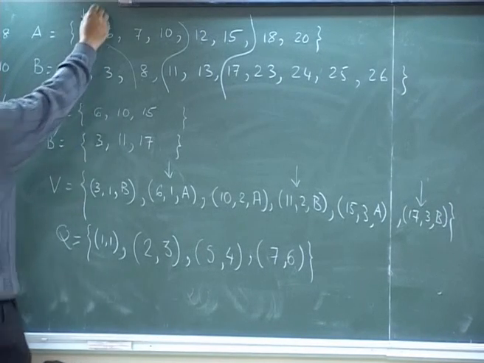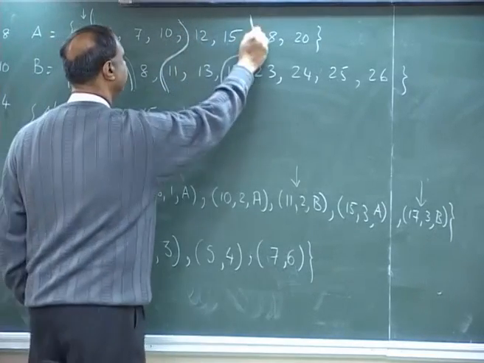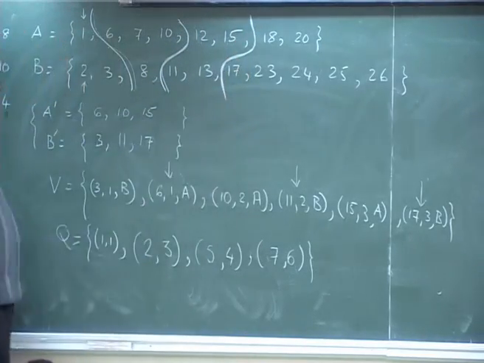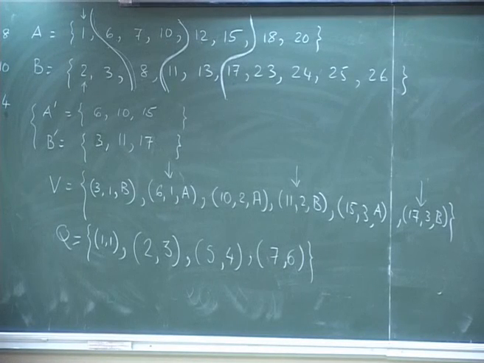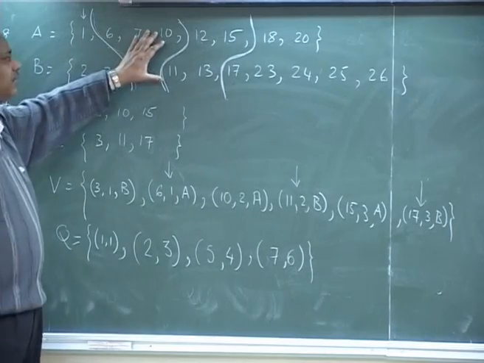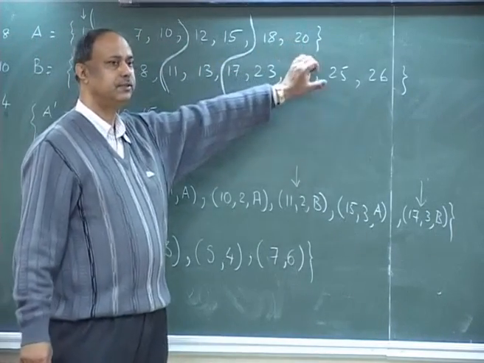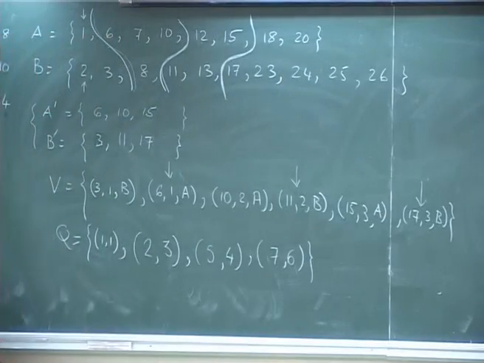So this is the structure you will be dividing. Processor P1 does the merging of this, P2 does the merging of this, P3 of this, and P4 of this, right?